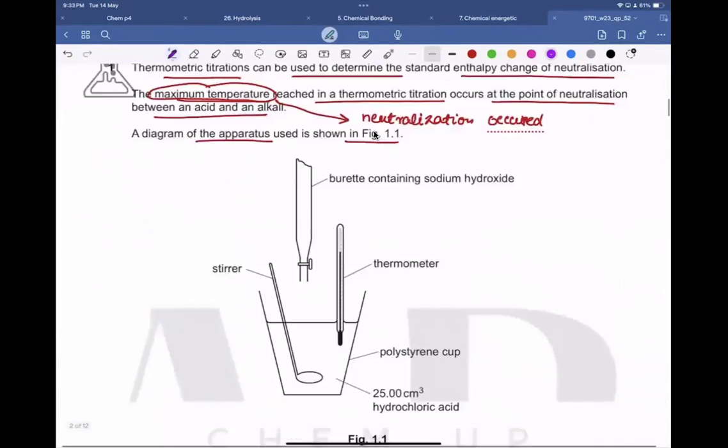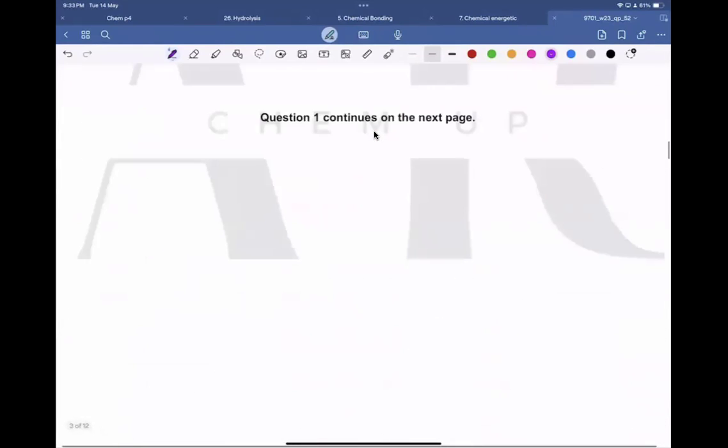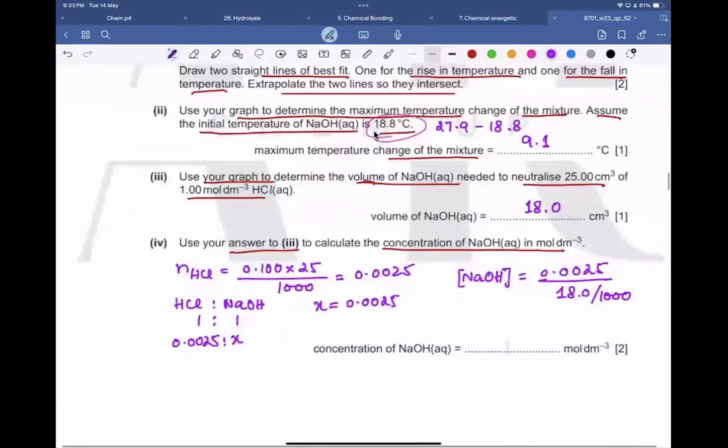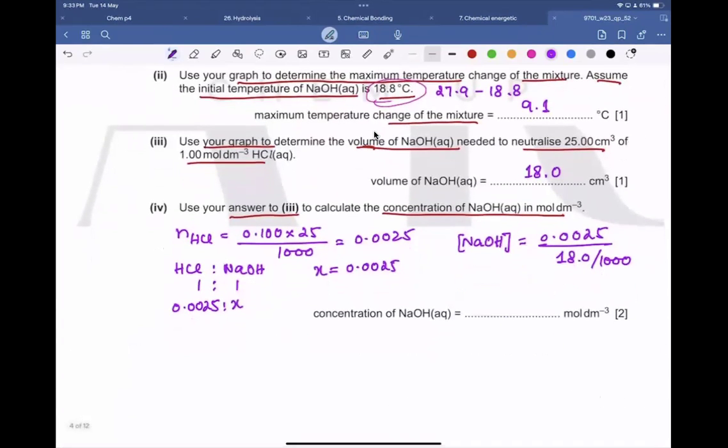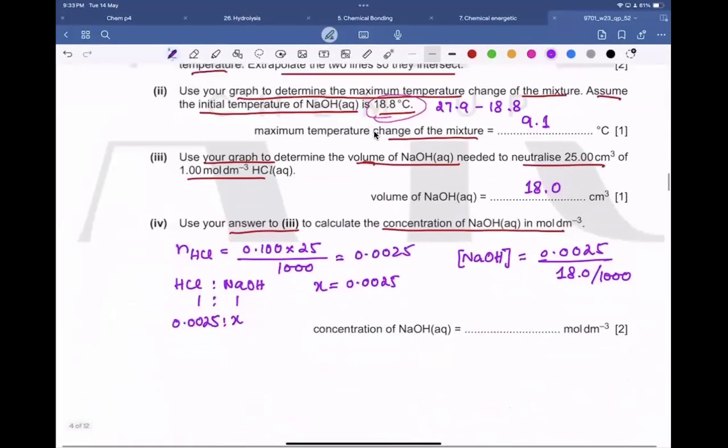You don't know the reaction between sodium hydroxide and hydrochloric acid. It is always 1:1. Sodium hydroxide and hydrochloric acid always react in 1:1.